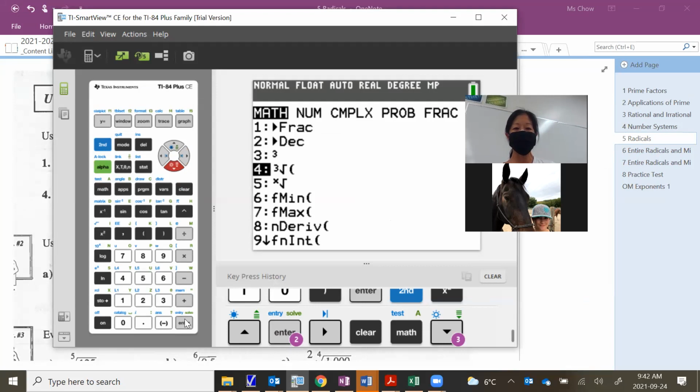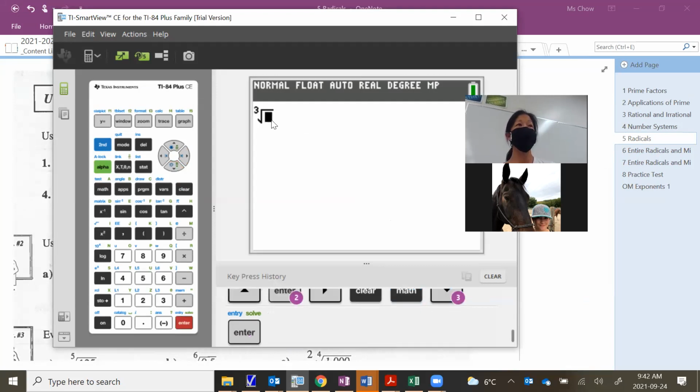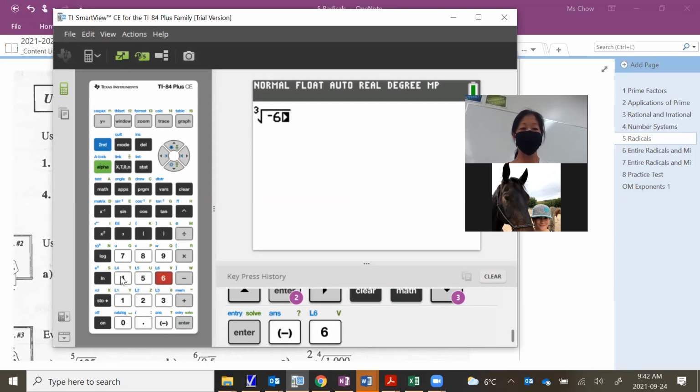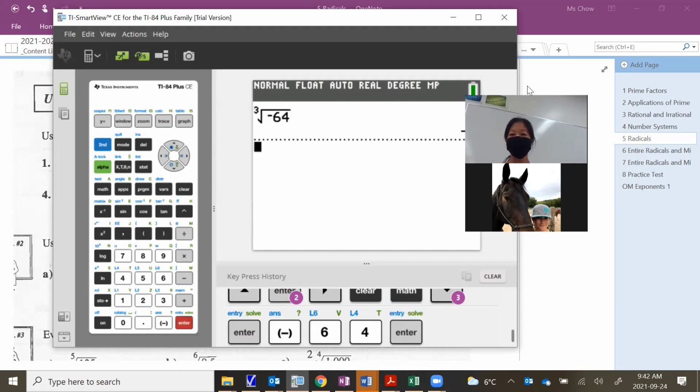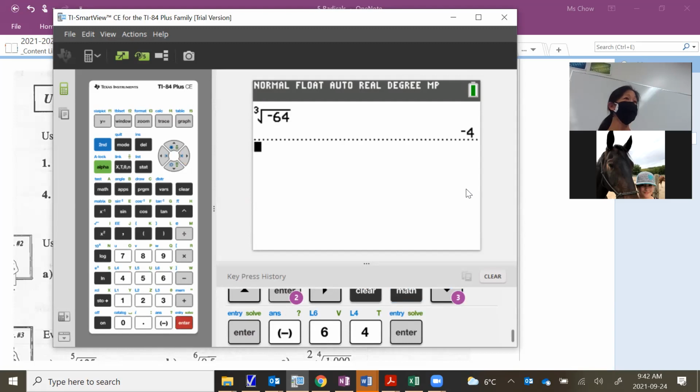If I select that, let's do something we know, we just did -64. Cube root of -64. This calculator, like many scientific calculators, gets picky about the difference between a negative and a minus, so we are using the negative. The cube root of -64, and our answer is -4.